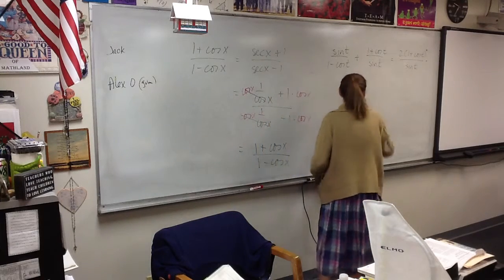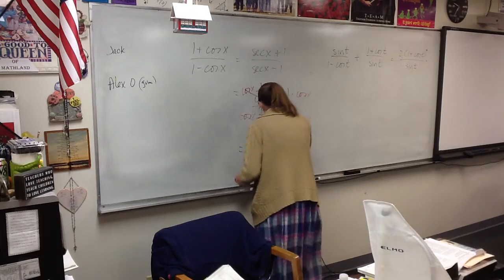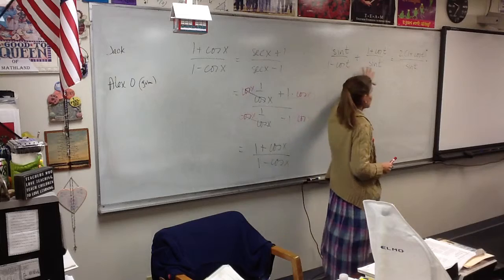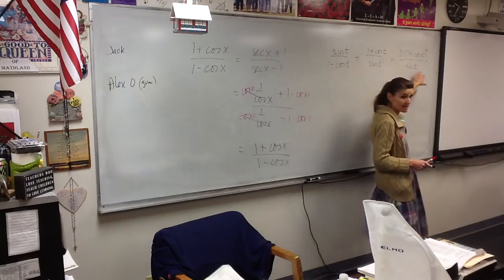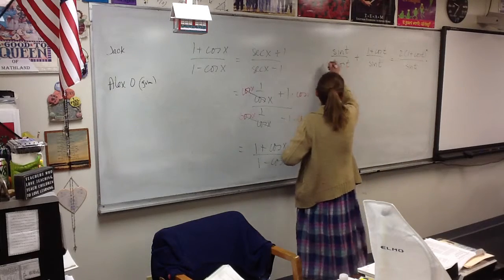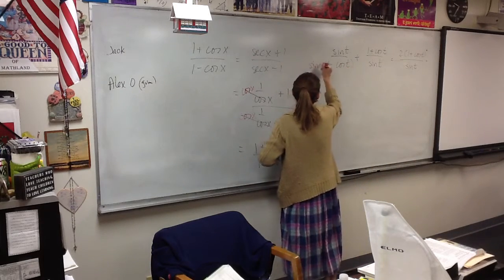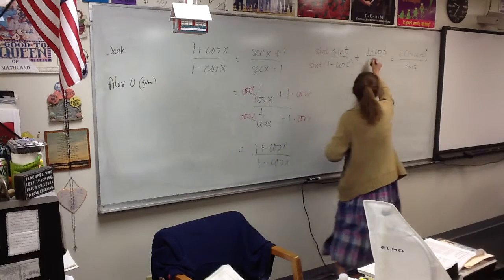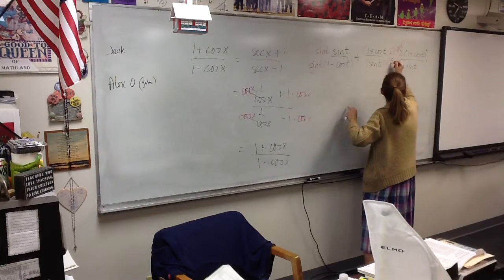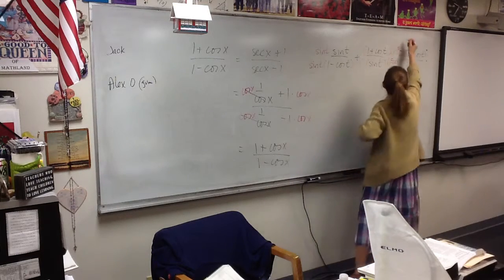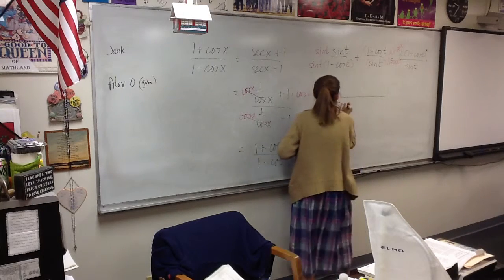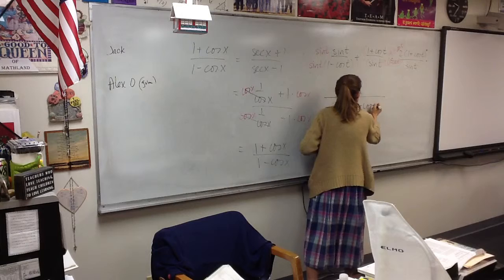Okay, so we're going to add these 2 fractions together. Hopefully you all thought about that when you looked and said, oh look, this side has 2 fractions and this side has only 1, so somehow I have to put them together, so I'll do that by addition. So you multiply this one by sine, and this one by 1 minus cosine. Okay. So your common denominator then was sine times 1 minus cosine.